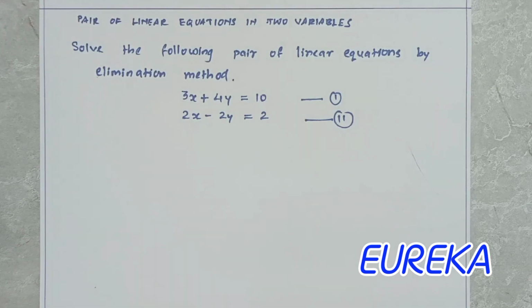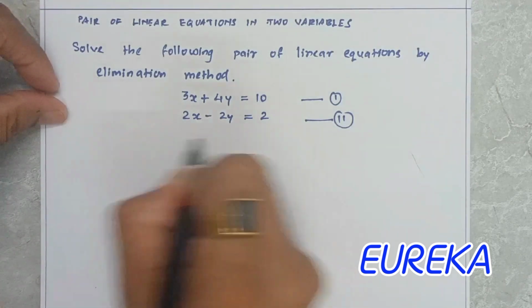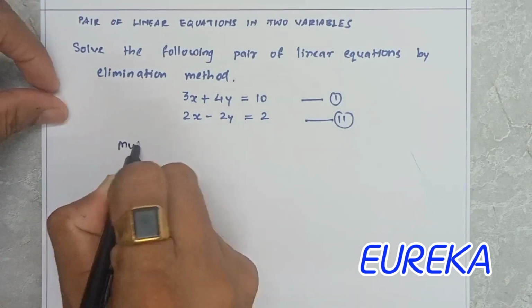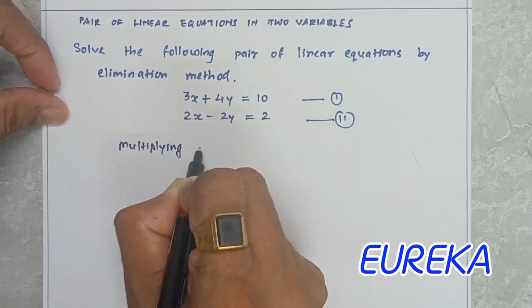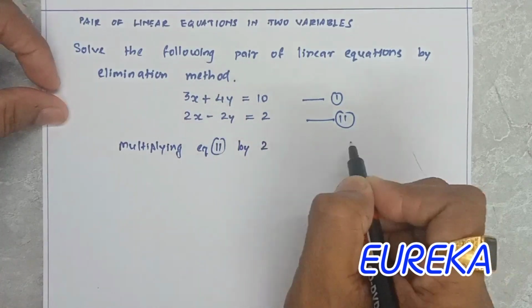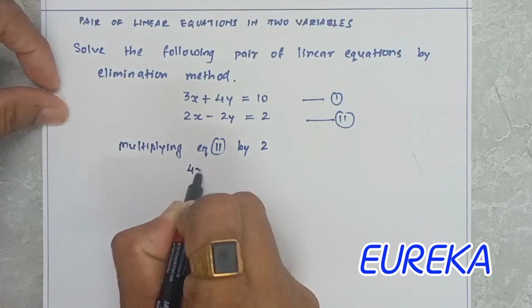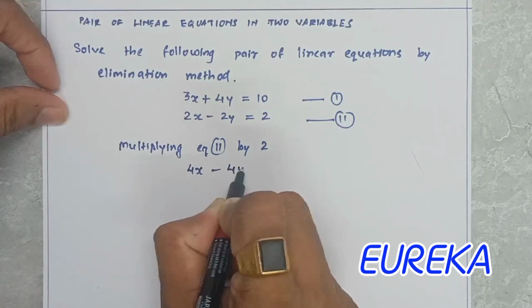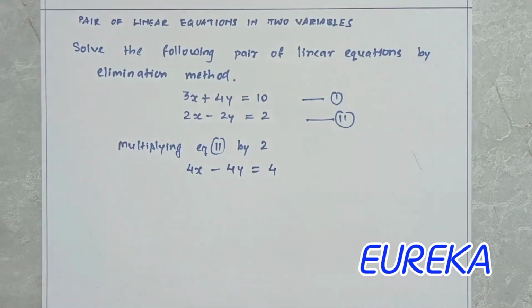So what we are doing here is multiplying equation 2 by 2. We get 4x minus 4y equals 4.